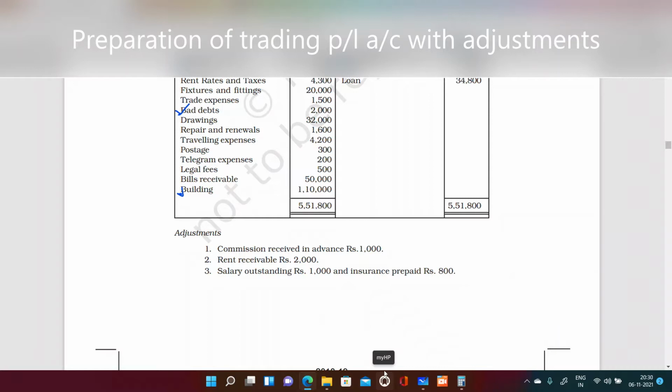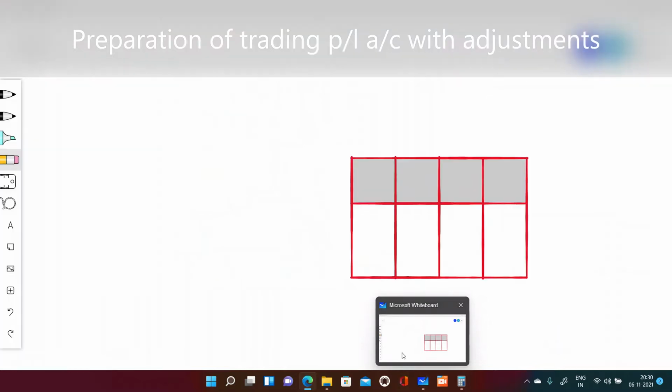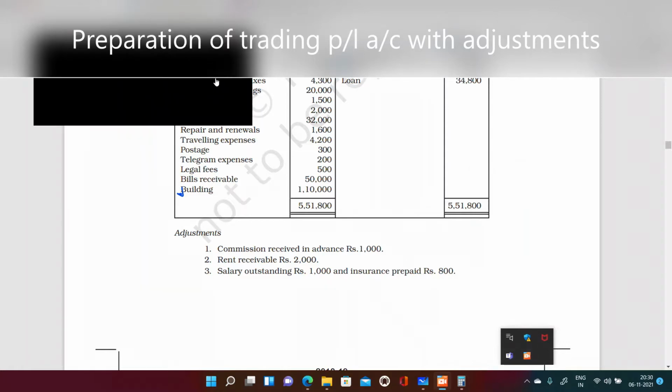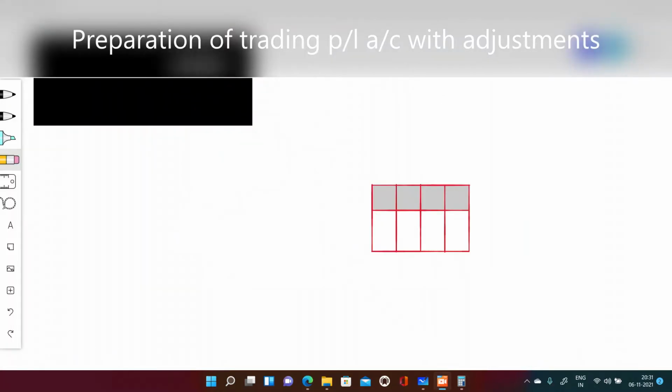So please refer to the question in your textbook side by side, because I won't be showing this screen again and again, as it will interrupt my calculation. Please refer to your textbook page number 411 side by side while I am giving you the solution. Okay, I have already drawn two boxes for your trading PL account and balance sheet.